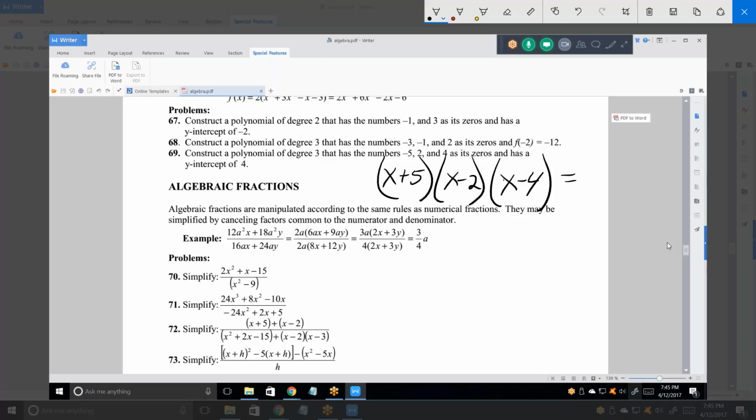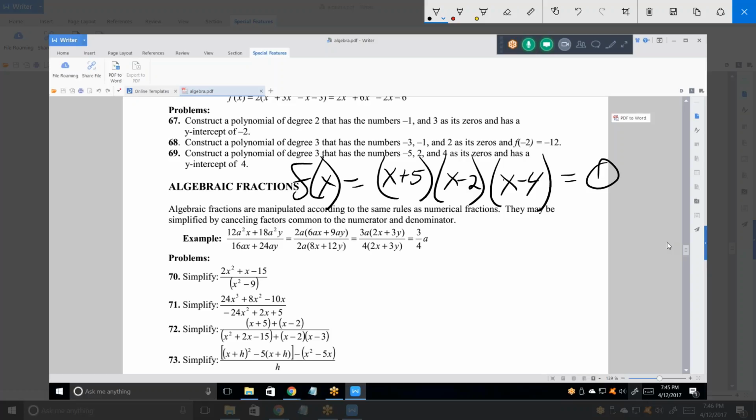Now here, I can say that that's 0, and that's not the f of x they're looking for because it doesn't have the proper intercept. So, in order to know what the intercept is, I could either multiply these three things out, okay?